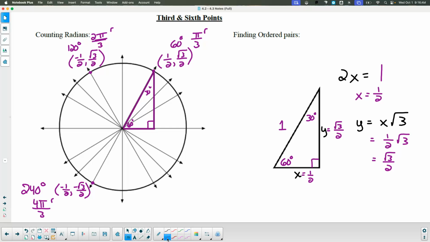Reflecting it over the x-axis puts me here. That would be positive 1/2, comma, negative square root 3 over 2. That would be at 300 degrees, or, oops, a bad 5 again. Sometimes you just gotta write your 5s, goofy. 5 pi over 3 radians.